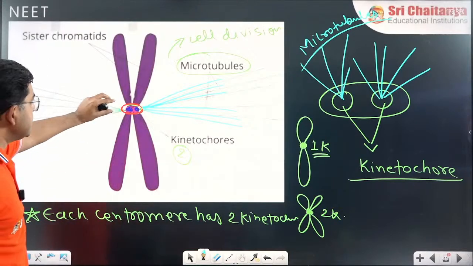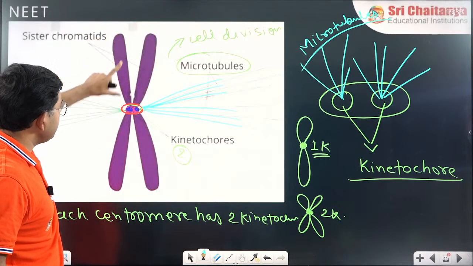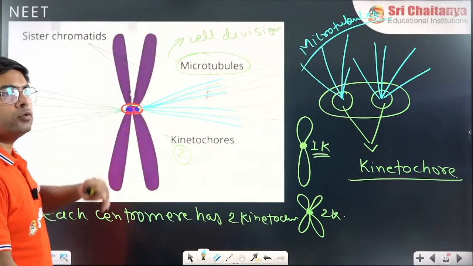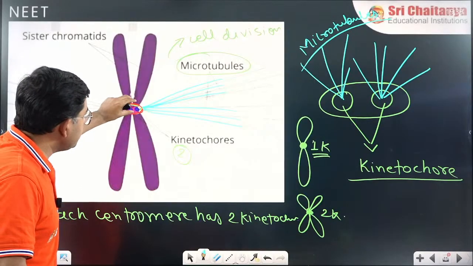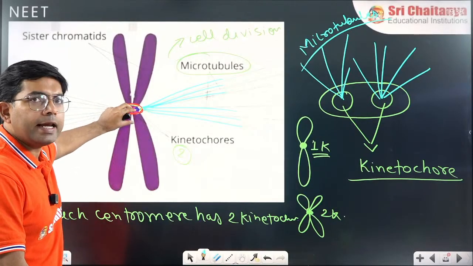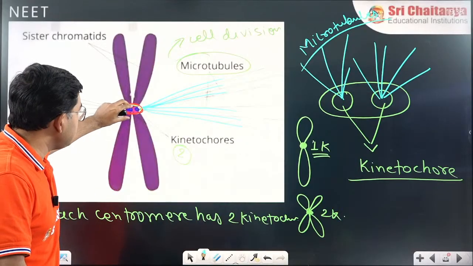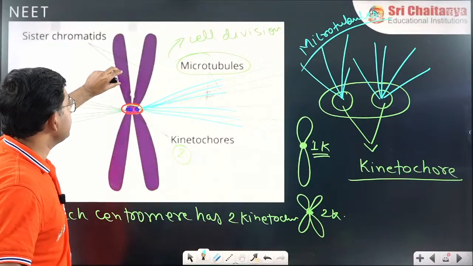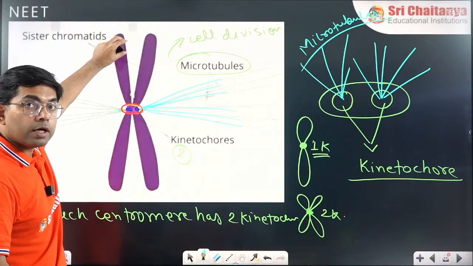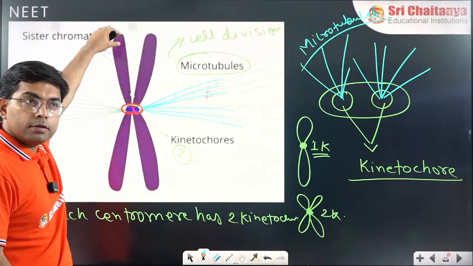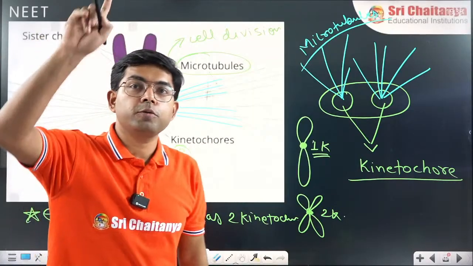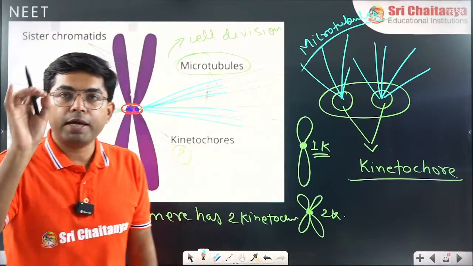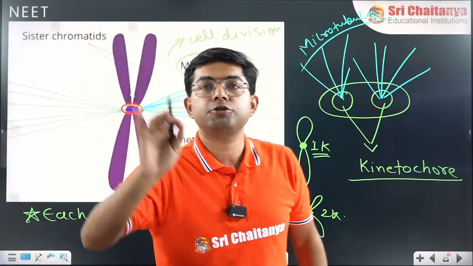Now we have also seen that here almost this arm and this arm are equal, right? Many chromosomes can have the centromere exactly at the center. In some it will be a little away from the center. In some cases it will be toward the end. In some it will be at the end. So chromosomes are divided into different types on the basis of position of centromere.